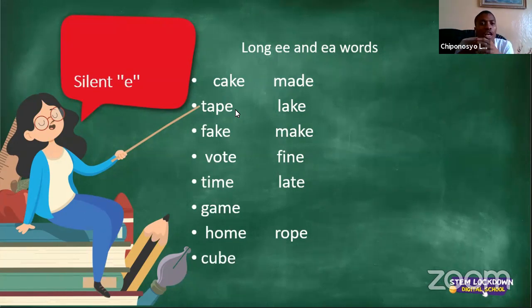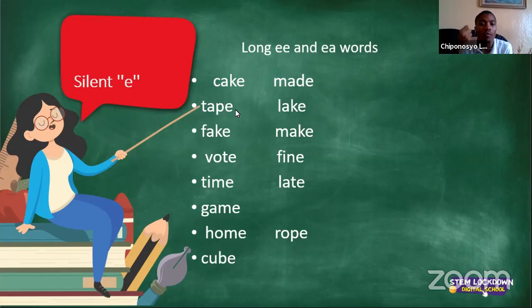So something which is a copy of something which was not made by the real people is something that we call fake. That's why some people say it's not real, it's fake. When something is not real, meaning it was not created by the actual owner, that's when you use fake.